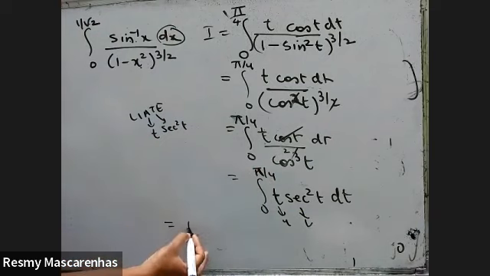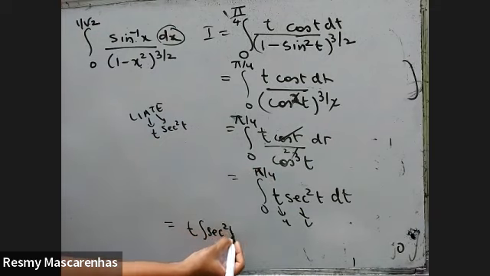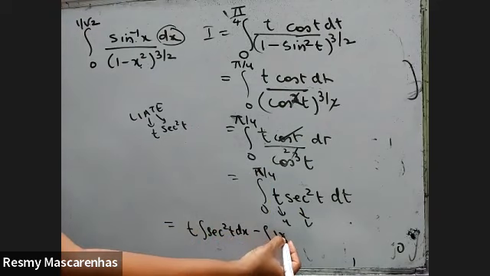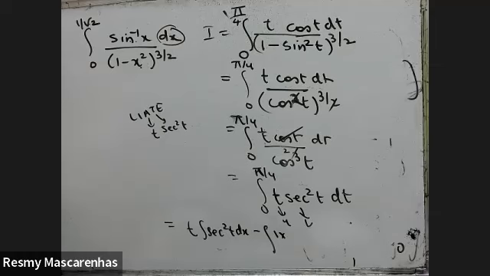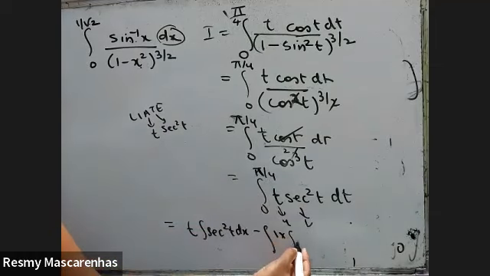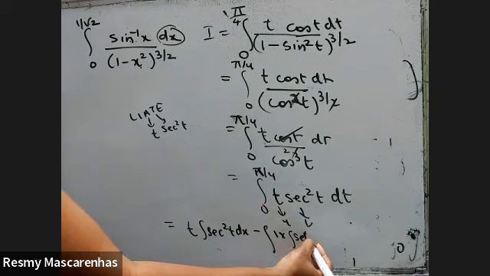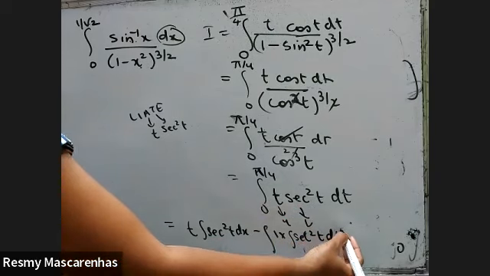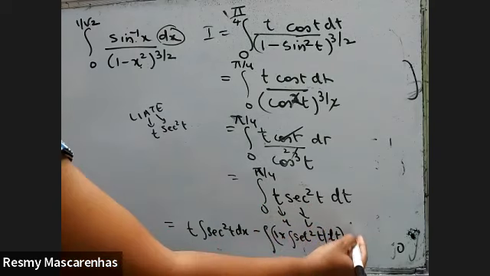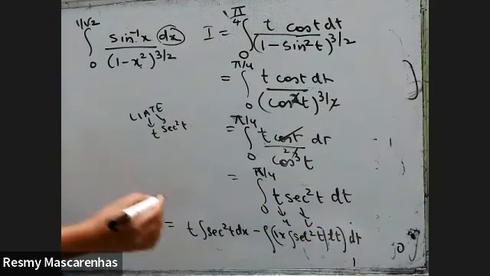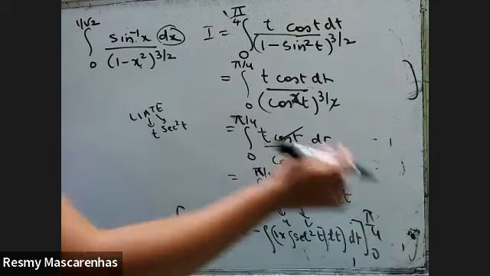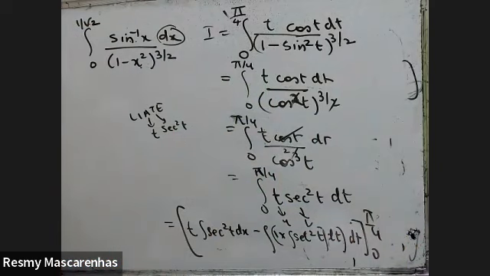So u into integral of v minus, I'm directly writing now, the derivative of u and integral of v. And this overall will be 0 to pi by 4. I have applied the u into v rule.